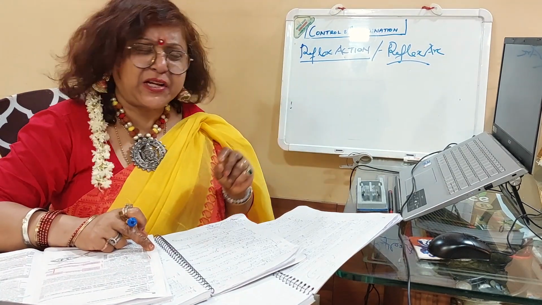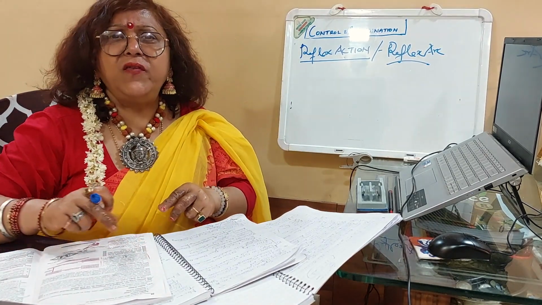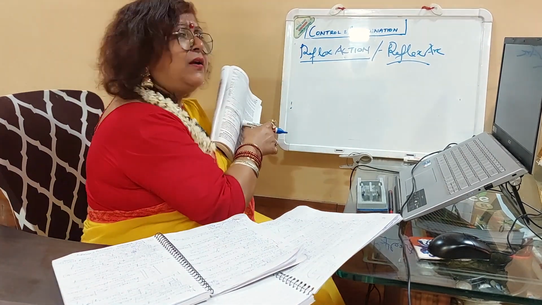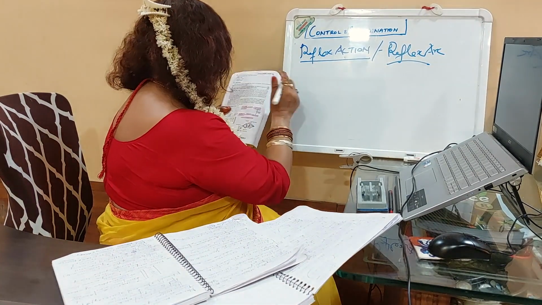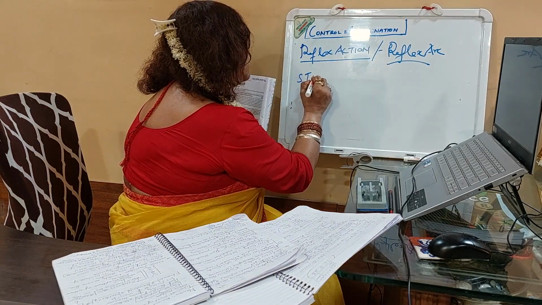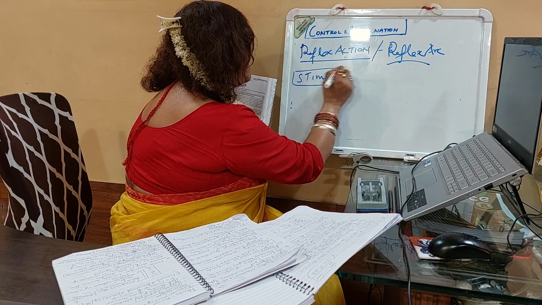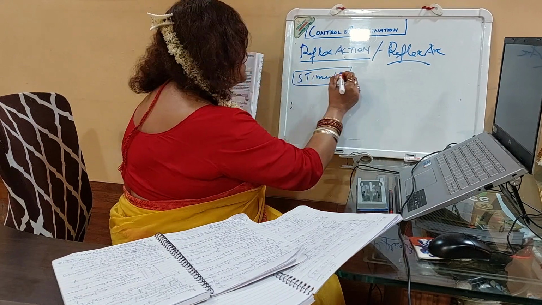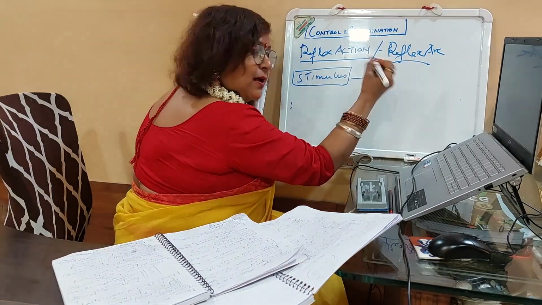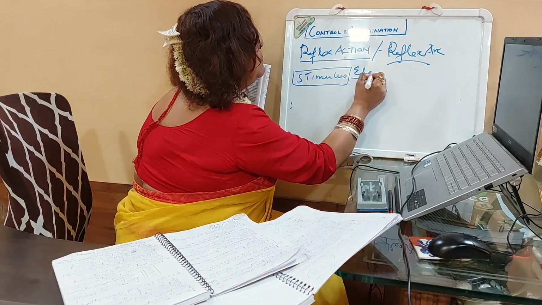So this reflex action has a flow chart. What will be the flow chart here? I'm just telling you, students. The flow chart, which you should also keep in mind, is: stimulus, the stimulus conveys the electrical impulse.